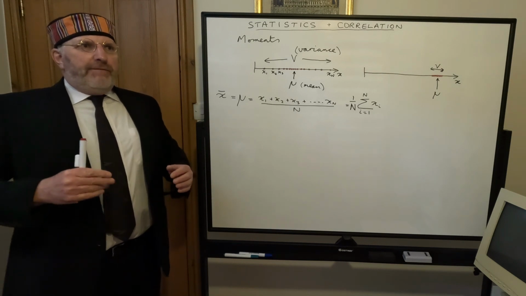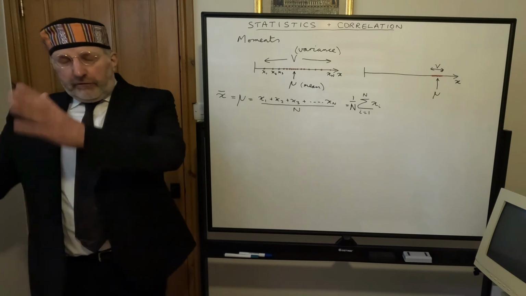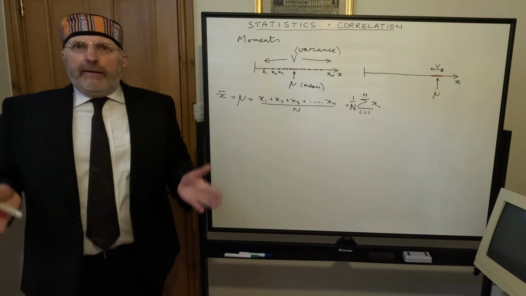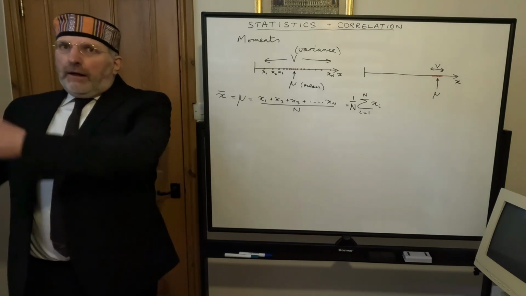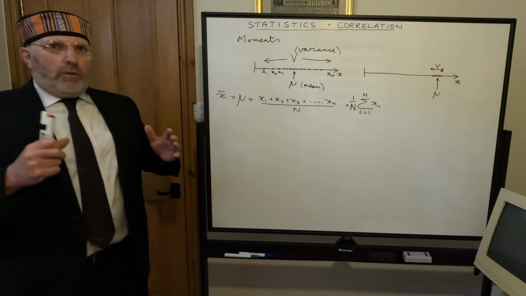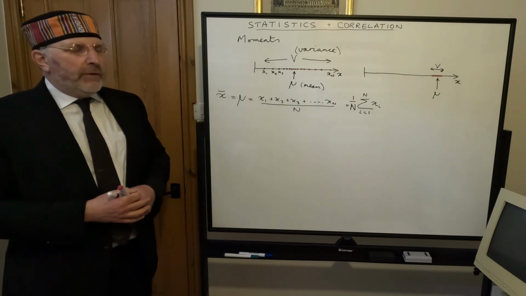But if everybody paid the same amount to give the same total, the mean is what they would have to pay if everybody was paying exactly the same to add up to the same ultimate value. That would be the mean. So it's kind of what the average person is paying, what the typical person is paying.